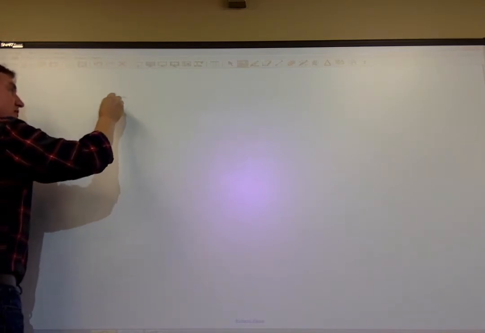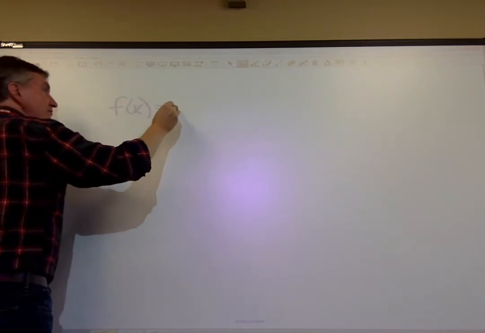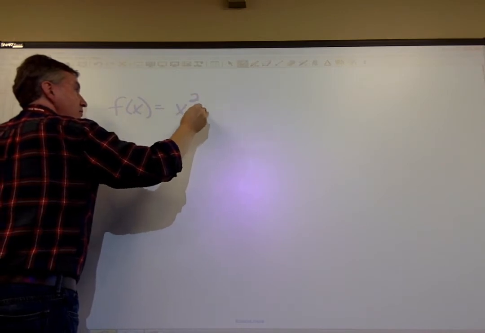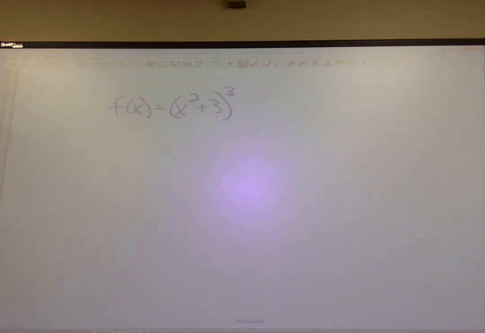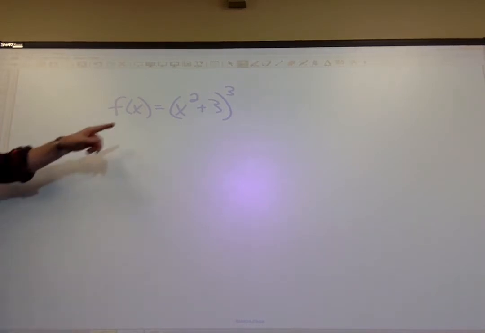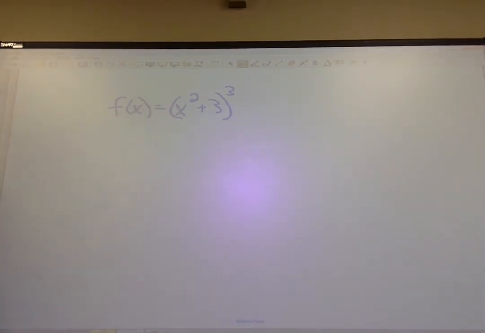And don't write this down, just look at it. If I said find f prime of x, would most of you say, well, I guess I have to distribute it out, multiply it by itself, and get a big polynomial and decrease the power? You don't have to. We have what's called the chain rule that will help us evaluate that derivative.